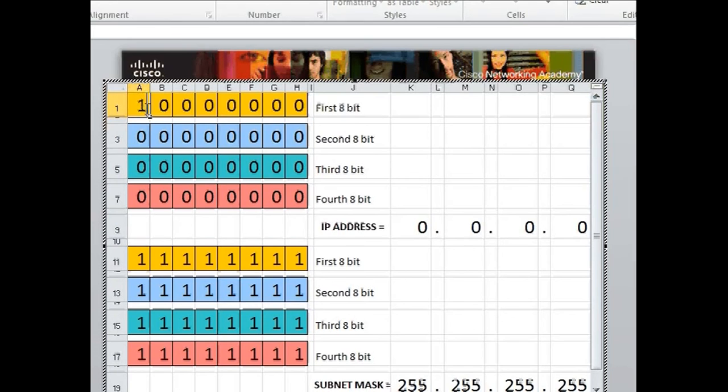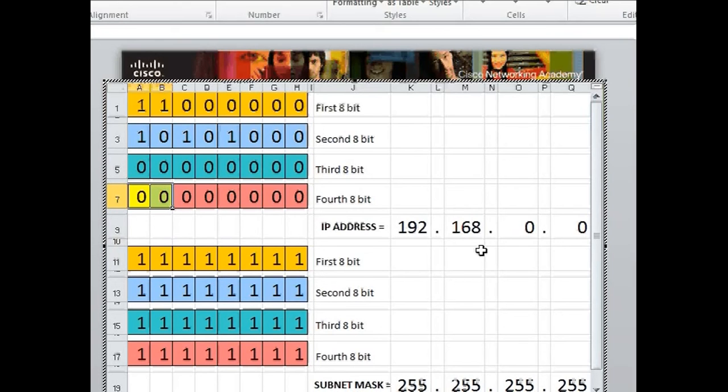This is, for example, network 192.168.0.0. Since I have borrowed these 2 bits, I will get all possible combinations of these two.